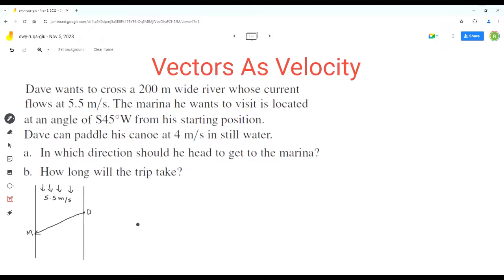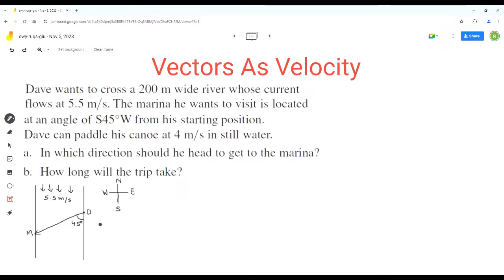As per the problem, the marina is at an angle of south 45 degrees west. So we can draw the main directions. From south, we have to go 45 degrees towards the west. This angle here is equal to 45 degrees.